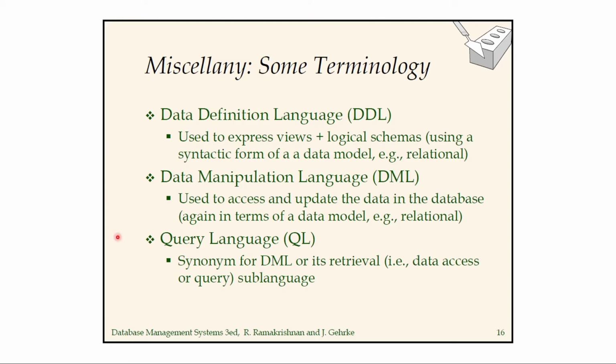The data querying language is a sublanguage of the DML that you use specifically for querying your database. And when I say sublanguage, I mean that the DQL is essentially a part of the DML. And again, these sublanguages have their entire own syntax that you use to implement your desired functionality.